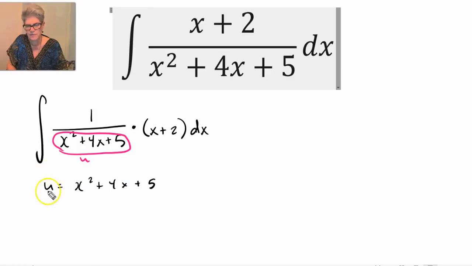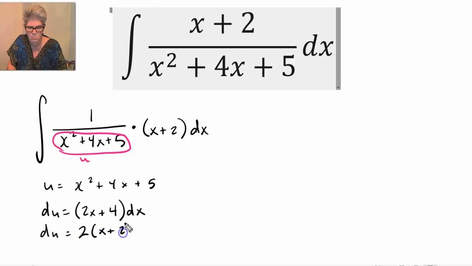So the derivative of this side with respect to u is just 1 du. And the derivative of this side with respect to x is going to be 2x plus 4 plus 0, and then dx. Okay, now I can factor out a 2. And isn't that nice? That's what I want.